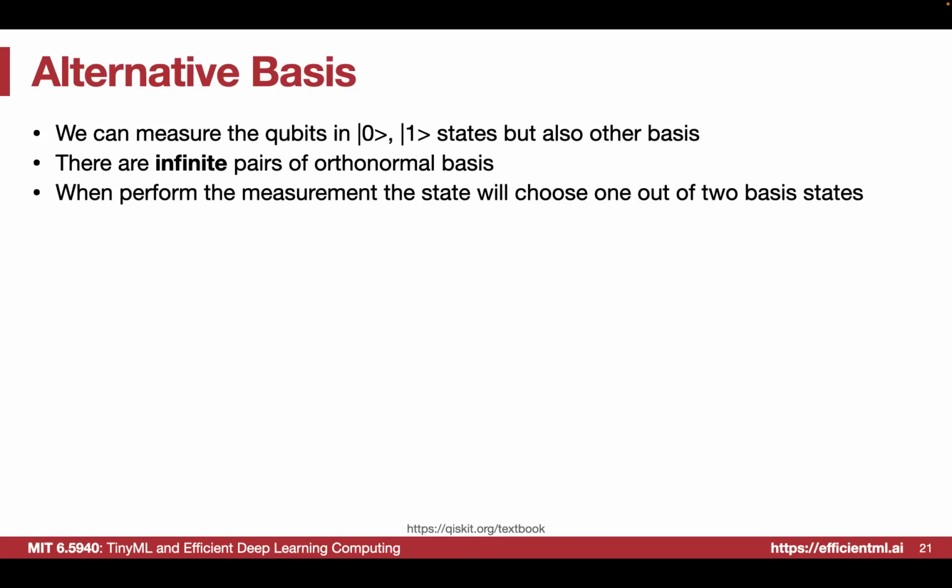After the measurement, the state will collapse to one of the 2 basis states. Say we measure in the 0 and 1 basis, and if we obtain 0 with 50% probability, then the state will just collapse to the 0 state. If we measure on other bases, they will also collapse to one of the 2 basis states of that basis.